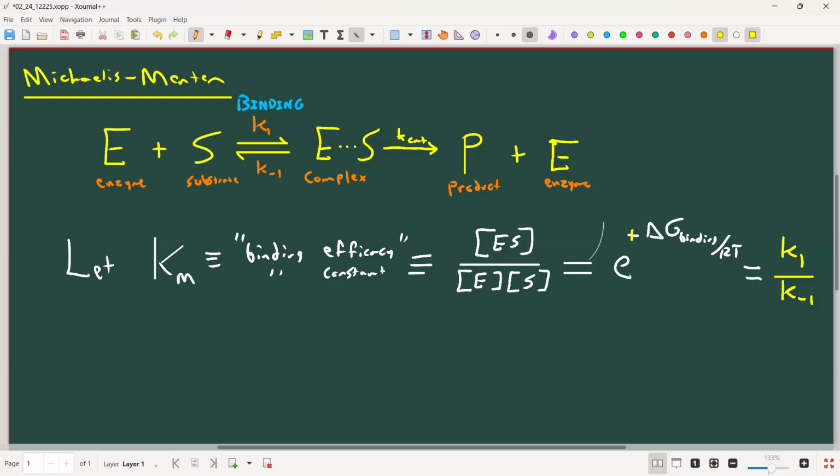If delta G is really negative, positive. It's going to be really small. Yeah, it's going to be positive. We want this to be as small as possible, right? Because what we want is for our enzyme to be completely bound with as little substrate as possible. So ideally, we want this to be a really small number.